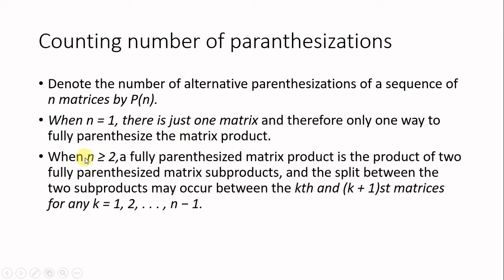When n is greater than or equal to 2, a fully parenthesized matrix product is the product of two fully parenthesized matrix subproducts, and the split between the two subproducts may occur between the kth and (k+1)th matrices for any k equal to 1 to n minus 1.